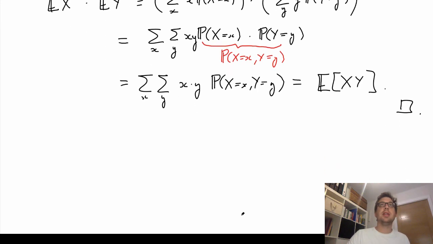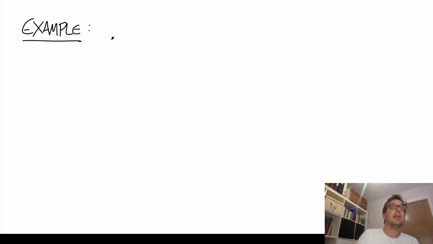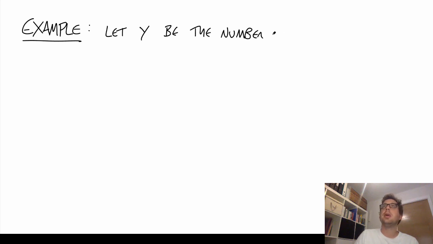So just to give one further short example, using one of these facts, we let, as described at the beginning, y be the number of heads from 100 coin tosses.